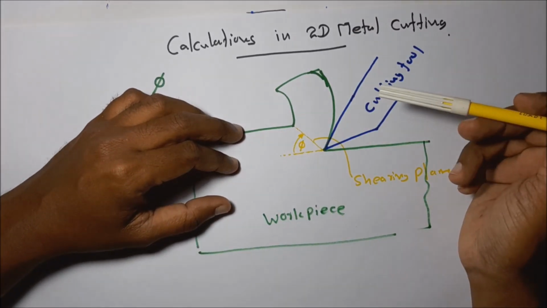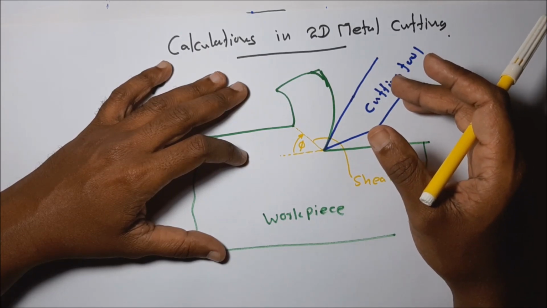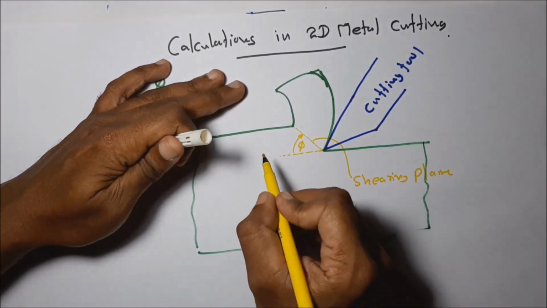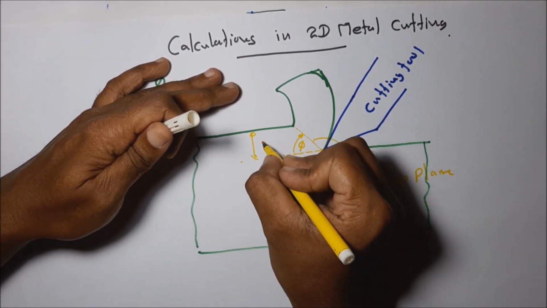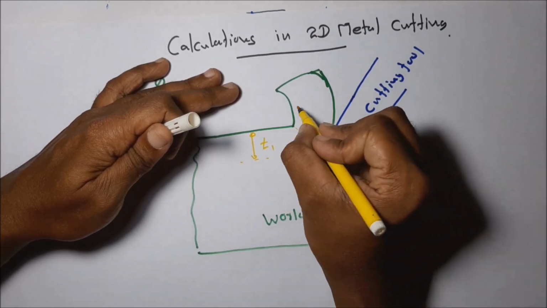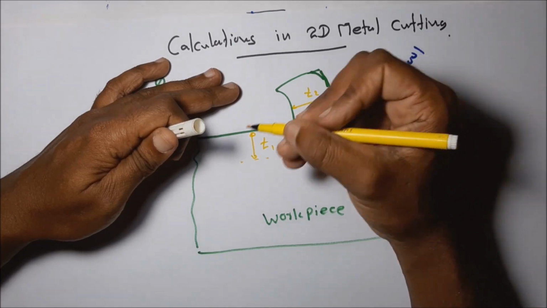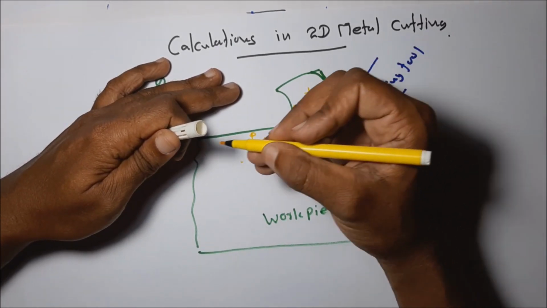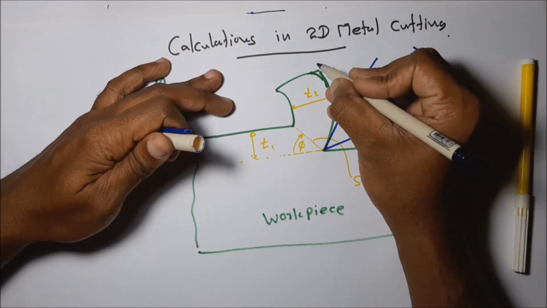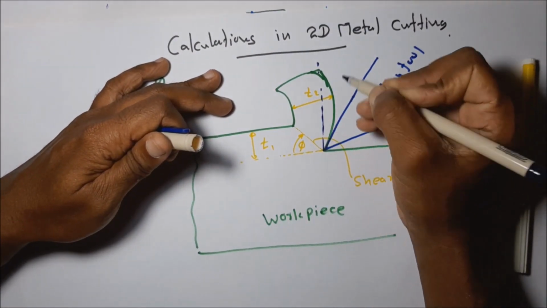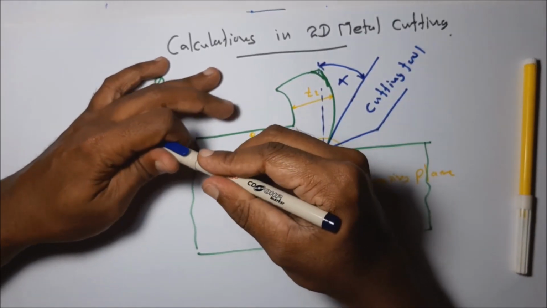But we can determine it mathematically if we know the undeformed chip thickness t1, the chip thickness t2, and the rake angle alpha.